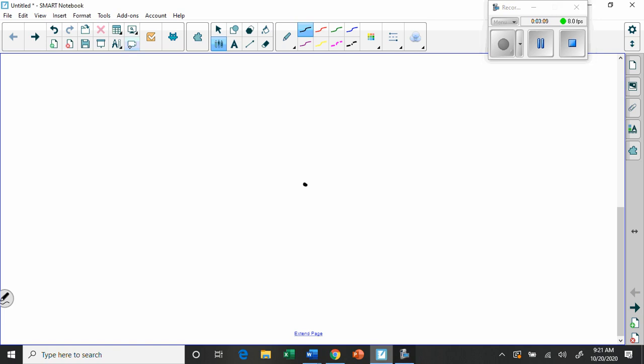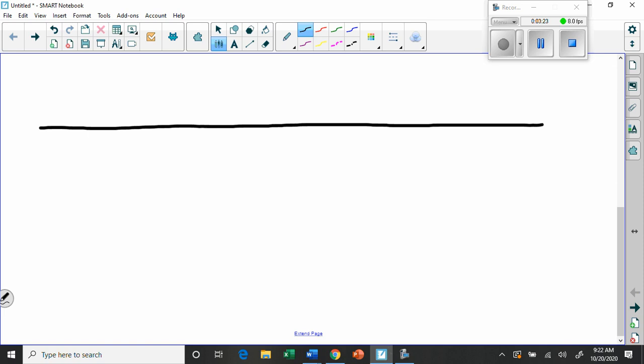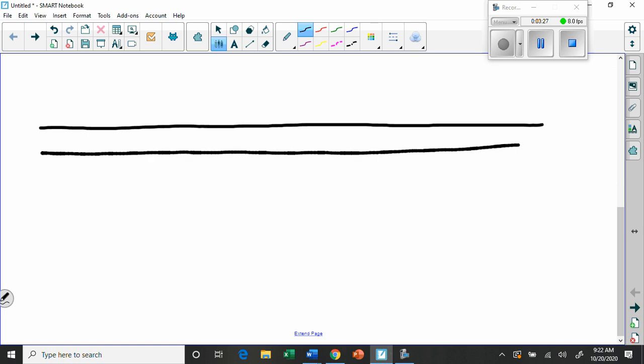Okay, so let's go back. I'll erase this dot, and let's look at how the gene is set up. So we're going to draw a picture. Okay, so here in black, I'm going to draw a sequence of DNA. I'm going to draw it straight rather than curly, and I'm going to draw it as a bar. So this is not the two strands of DNA. Well, I guess it could be the two strands of DNA.